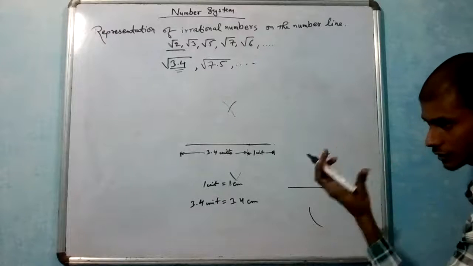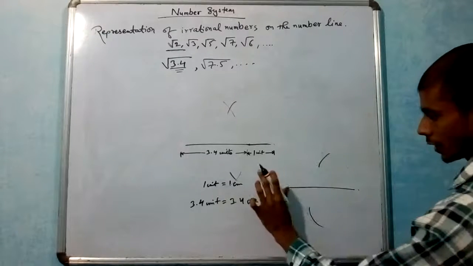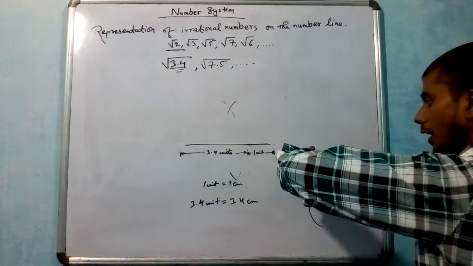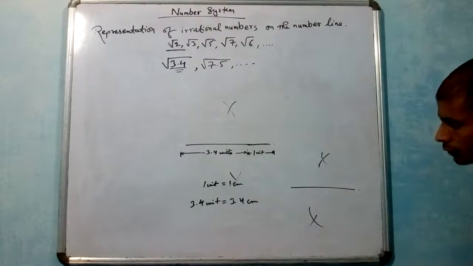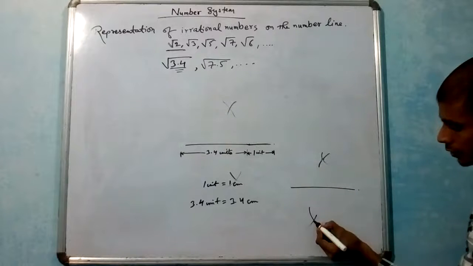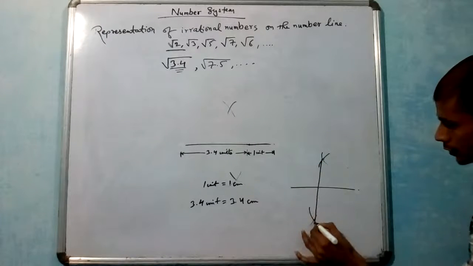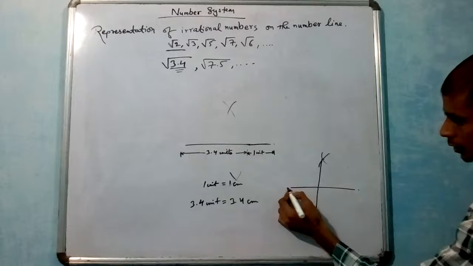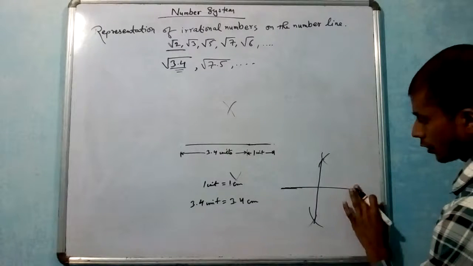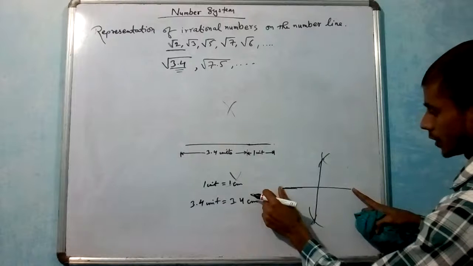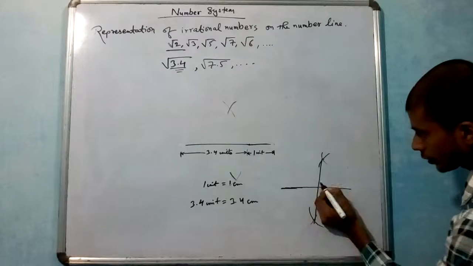With the same radius, don't change the compass size, keep the needle at the other end and cut the previous arcs. You will get these 2 points. Joining these 2 points, we will get the perpendicular bisector of this line.